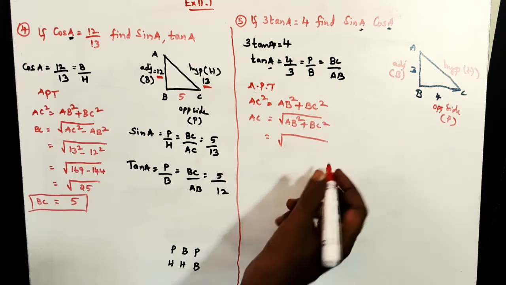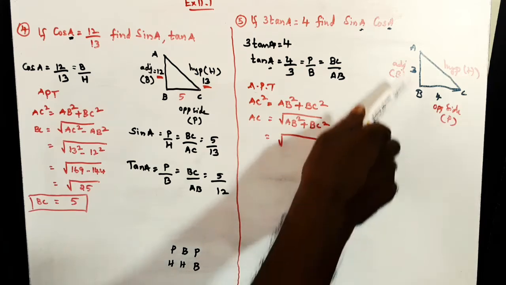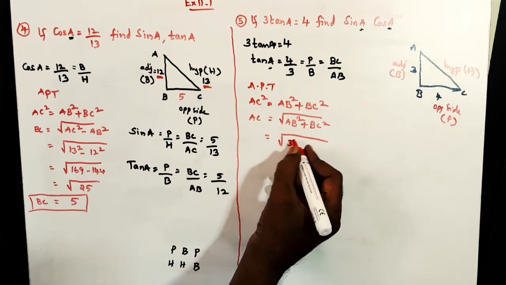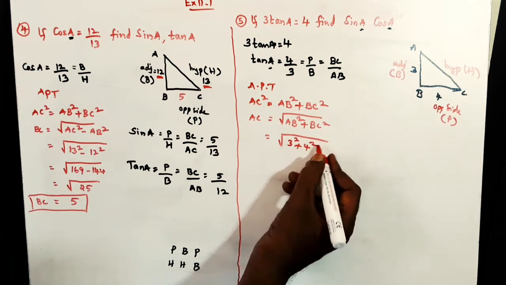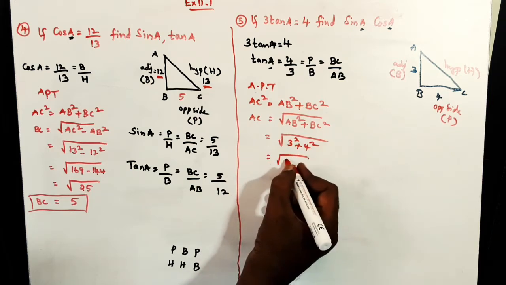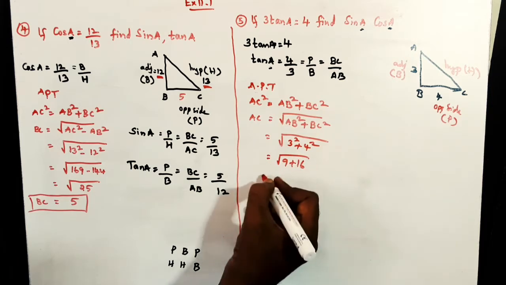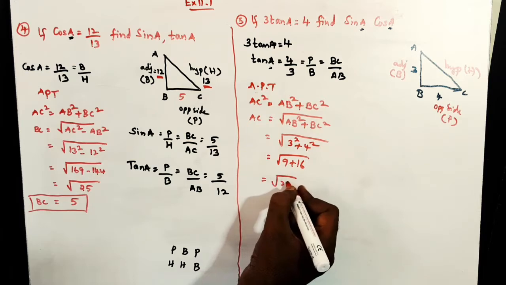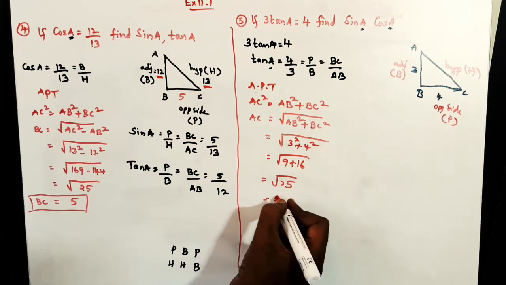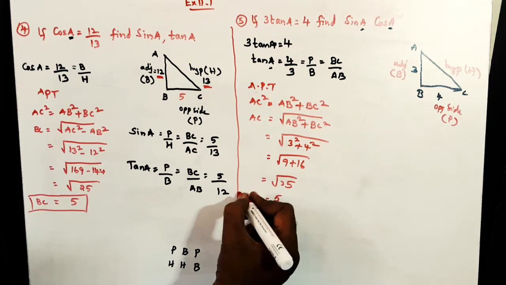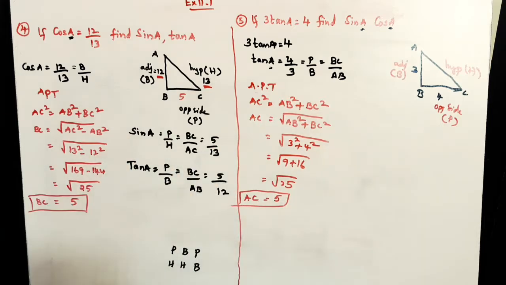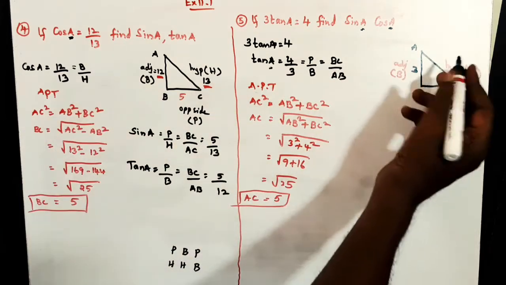AB is 3 square, BC is 4 square. 3 square is 9 plus 16 gives you 25. Square root of 25 is 5. So AC is 5.